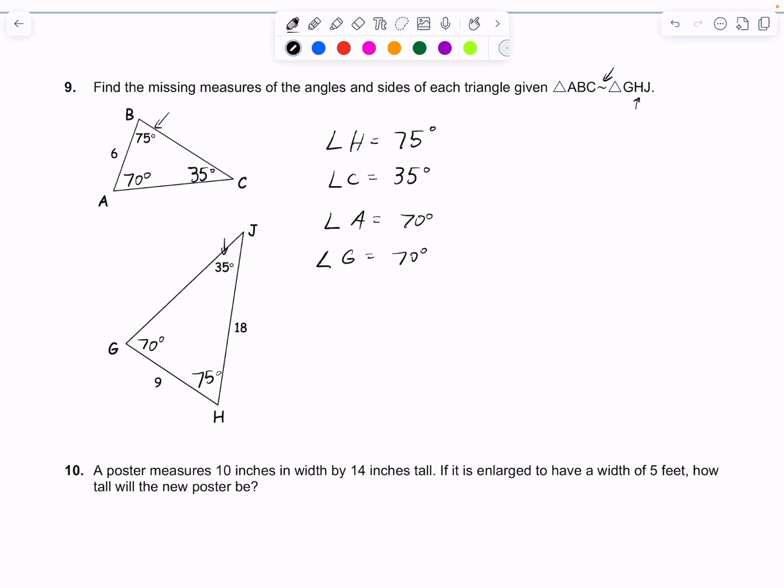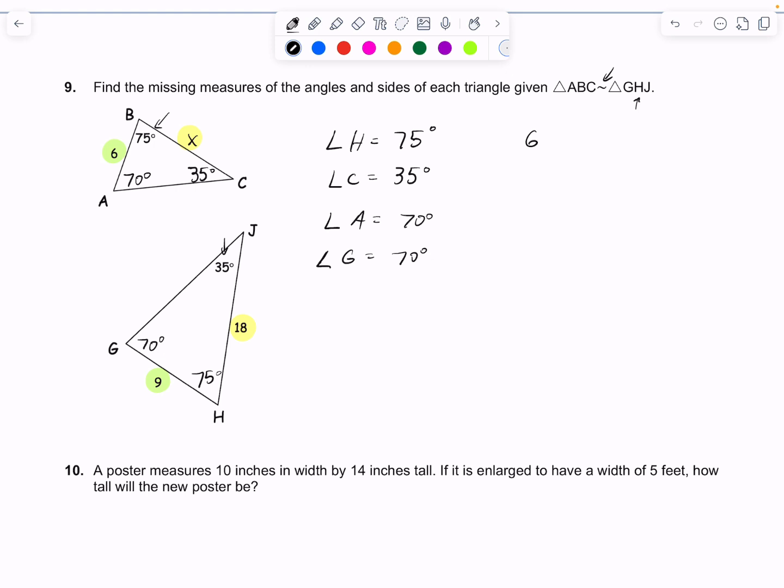All right. So now since we are told they are similar, and because I can't find everything here, I have BA, which matches up with GH. And then the other one they gave me is JH, which matches up with BC. So I can find this side length with a proportion.